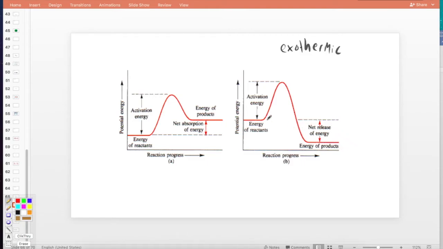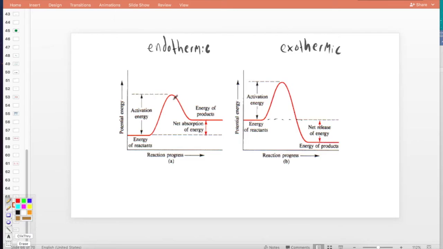So there's been an overall release in energy. It's exothermic. This, however, is what the graph of an endothermic reaction would look like. We add energy to break the old bonds.